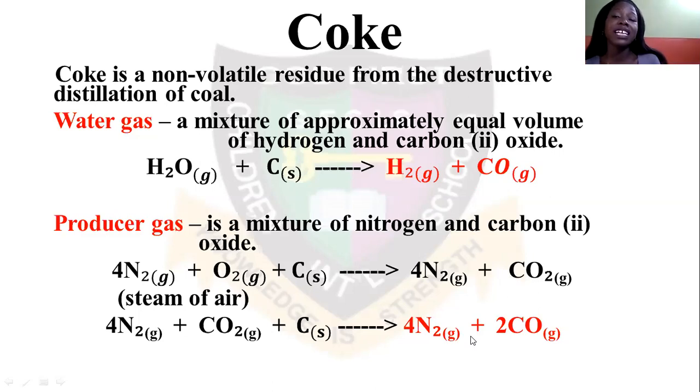Now, you need to note here that nitrogen as an element is unreactive. So that's why in producer gas, it does not actually react, but the oxygen in air will react with coke to give us carbon 4 oxide as the intermediate product, before, when you add more coke, it now gives you the producer gas itself. So I hope you understand this.